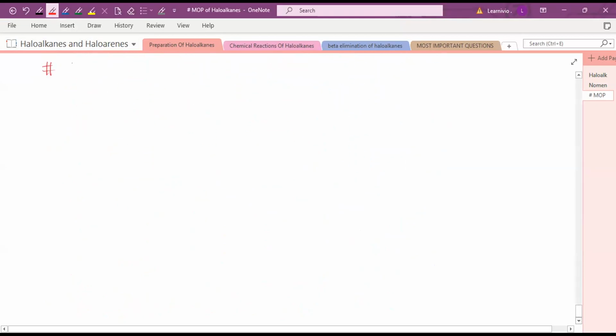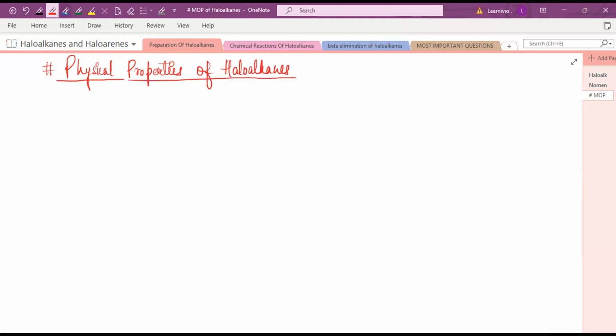Let's see the physical properties of haloalkanes. First, let's talk about the color of alkyl halides.